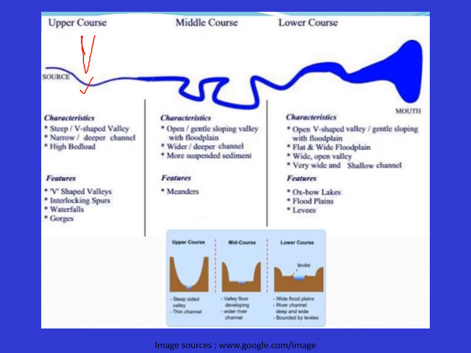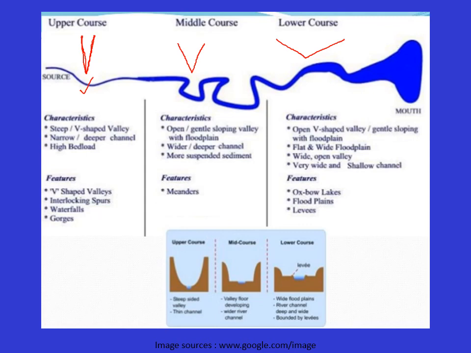So river valleys are narrow V to I-shaped in the upper course or young stage, whereas when the middle course comes, the V becomes much broader, much wider, and in the lower course it becomes wider and wider. So always V-shaped, but with the change in velocity, with the change in gradient from upper course to lower course, the opening of the V widens more and more.